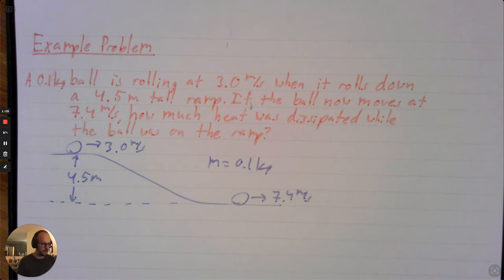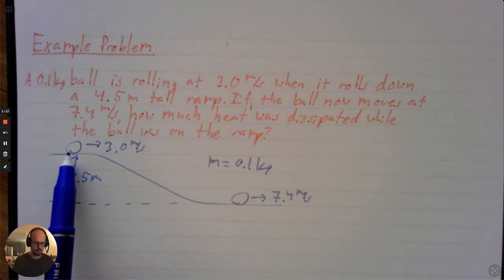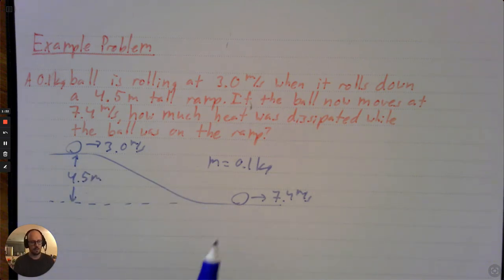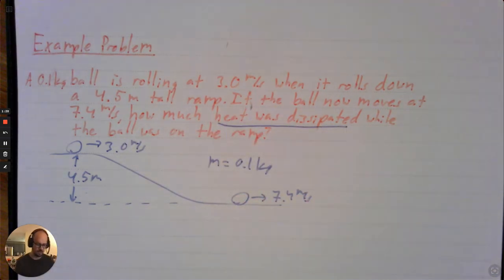And so we have a new type of question. Normally, in a conservation of energy situation, the ball has some speed at the top of a hill, and then it rolls down the hill and it's moving faster. But the question reveals something else, because the question says how much heat was dissipated while the ball was on the ramp.